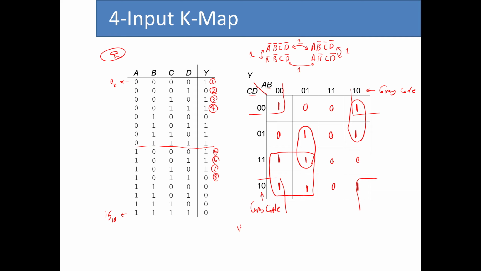So if I write function y, let's just call this circle 1. Let's just call all the corners to be circle 2. Let's just call this circle 3. And I call this circle 4.